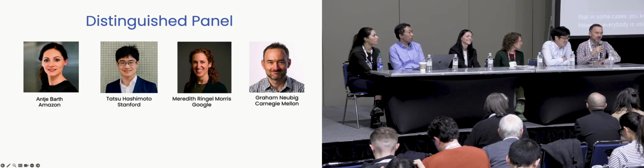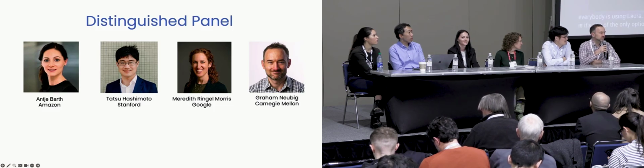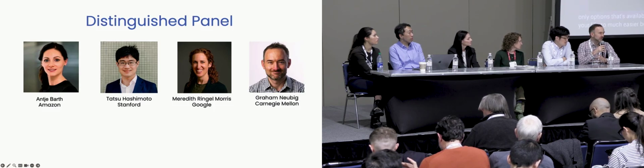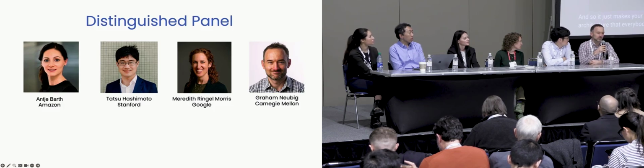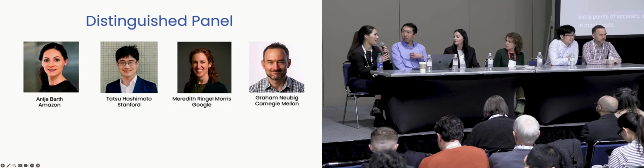My hypothesis is that it's one of the only options available without any architecture changes. It makes your life so much easier because you're using the same Llama architecture that everybody else is using, with no extra code and no extra changes. So practically, for people building applications, that's the reason everybody uses LoRA. If you want a few extra points of accuracy, you might get it somewhere else, but I would recommend LoRA in most cases.